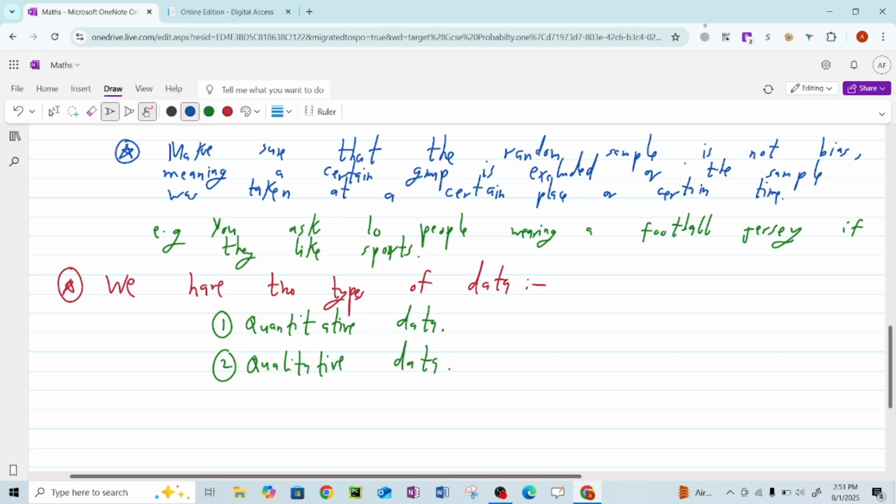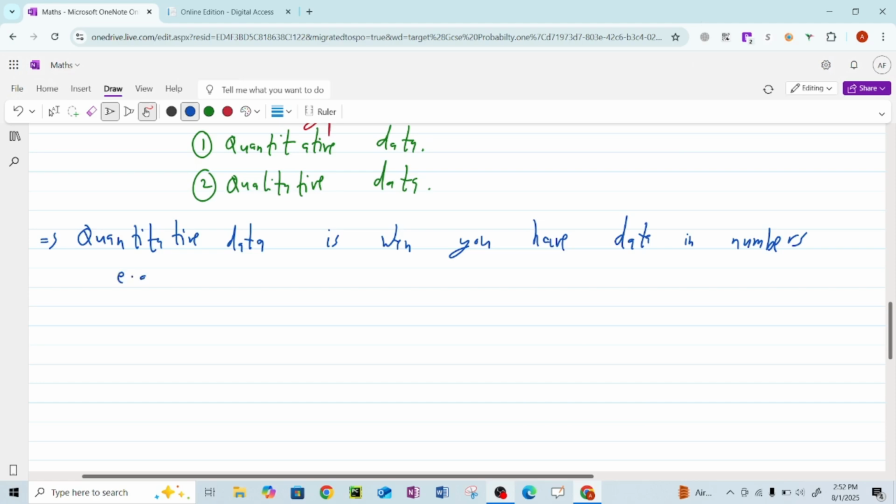Okay. Now, quantitative data is when you have data in numbers. Okay, for example, heights of people. Now we also have two types.